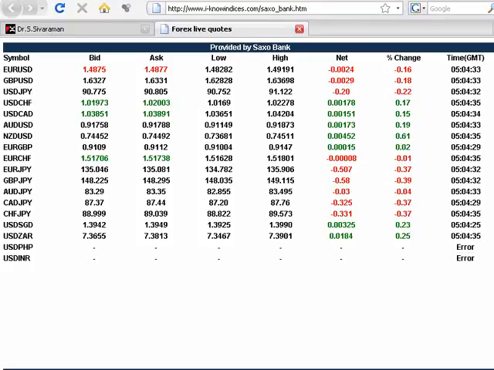You can open it and view it in the live market quote page, which may not be available here. Then CHF is showing a net change of 17 pips positive. When Euro is corrected about 23 pips, CHF has risen only about 17 pips.